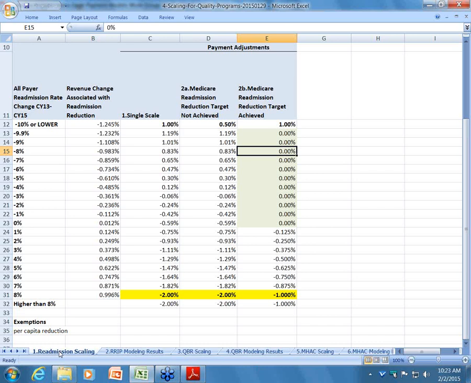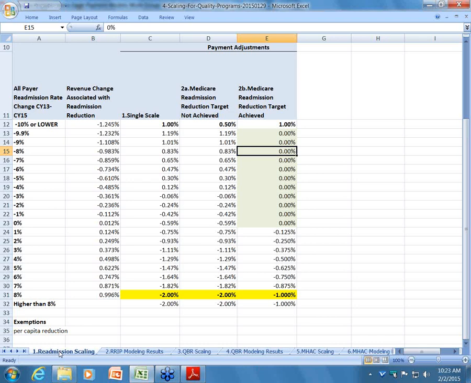So on the payment scaling options, the first one is the single scale. In this instance, we have the 10% target. If a hospital reaches 10% or higher, they would receive 1% of their inpatient revenue as a positive incentive.